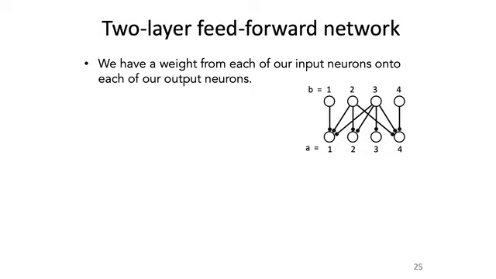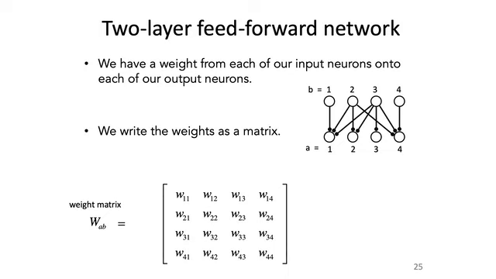All right, so let's take a closer look at what this weight matrix looks like. We have a weight matrix W sub A comma B that looks like this. If we have 4 input neurons and 4 output neurons, we have a weight for each input neuron onto each output neuron. The columns here correspond to different input neurons. The rows correspond to different output neurons.